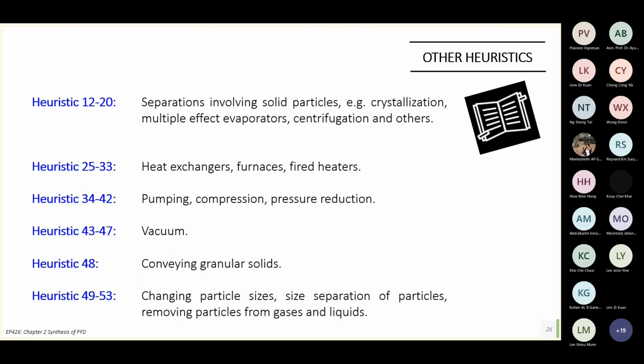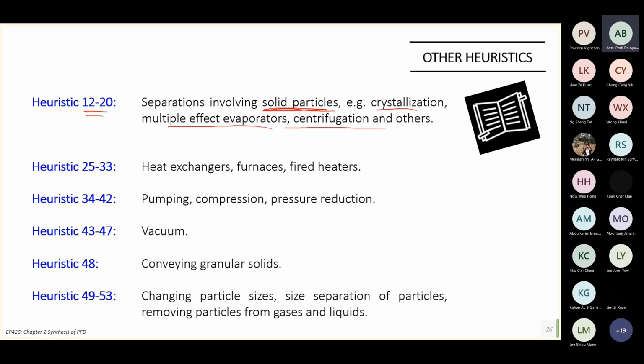There are a few other heuristics. Okay, from here, heuristic 12 to 20, separation involves solids. Now this one focuses on the solids. We can use crystallization and centrifugation and others.